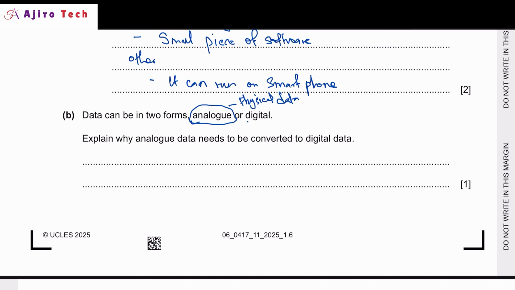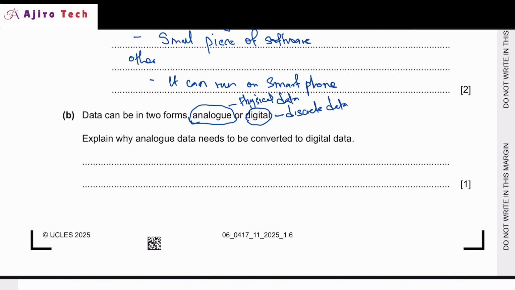But when we talk about digital, digital is discrete data. So it processes data in binary format. Let's explain why analog data needs to be converted to digital.